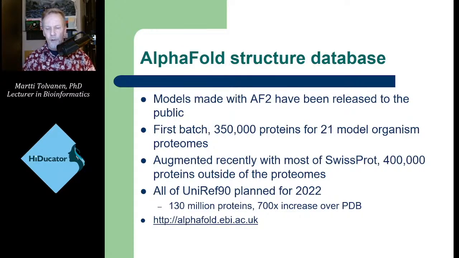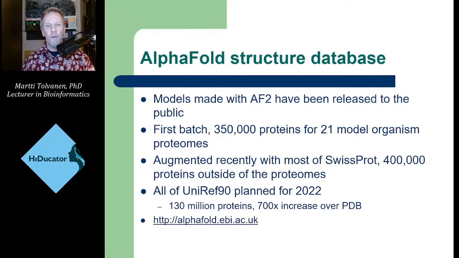And just very late last year, or maybe in January, they added 400,000 proteins covering the manually annotated SwissProt part of UniProt, more than doubling the size of the AlphaFold database. And their ambitious goal is to have all of UniRef90 during this year.